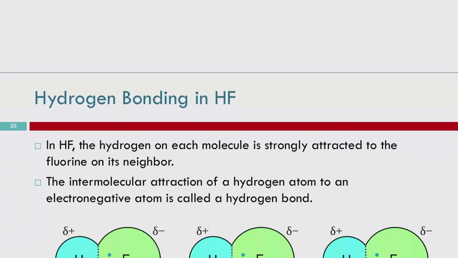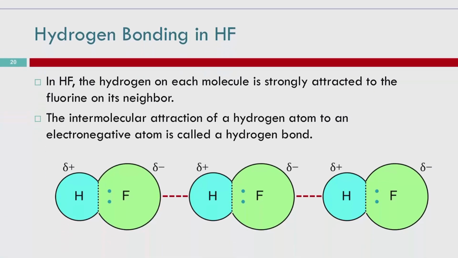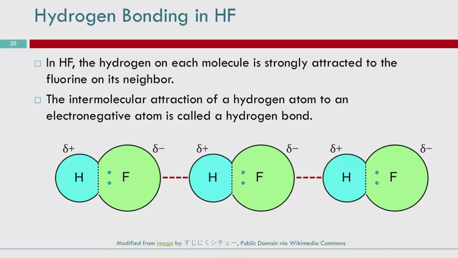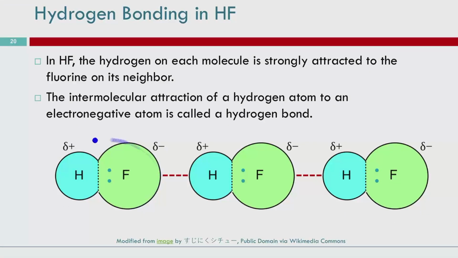So let's look at HF since it's the simplest case. In HF, the molecule looks something like this. Hydrogen has a much weaker electronegativity value. And so when we draw our arrow, it points towards the more electronegative atom. So our negative side is going to be the fluorine side, our positive side is going to be the hydrogen side. These are partial negatives and positives.